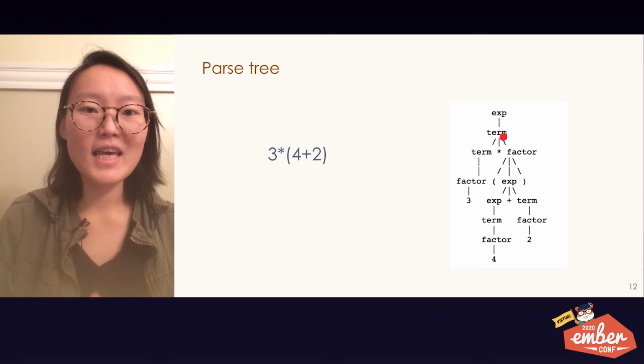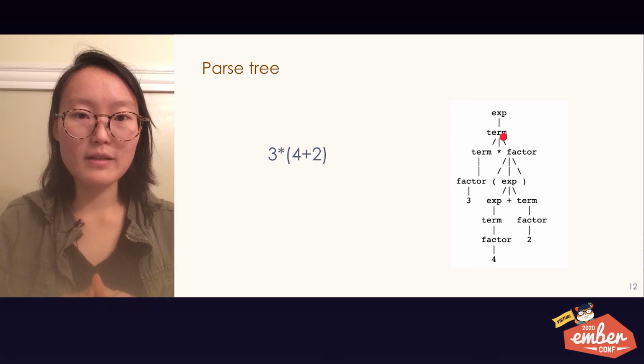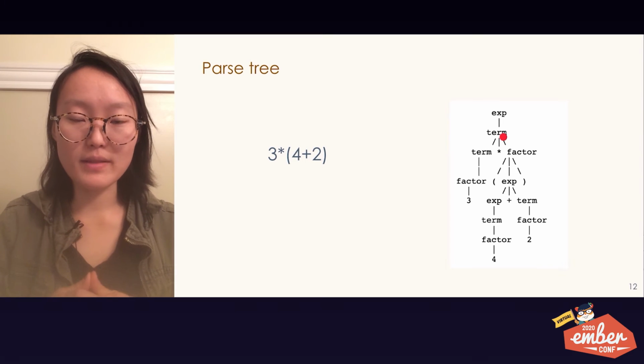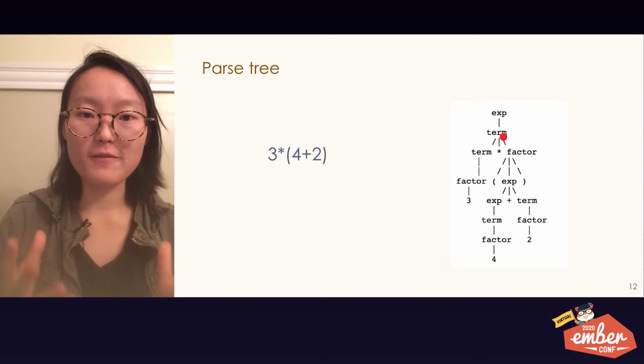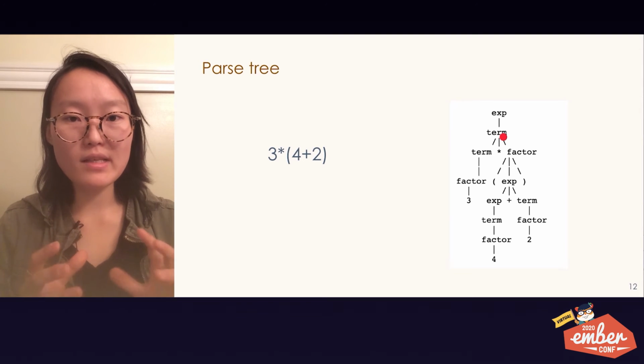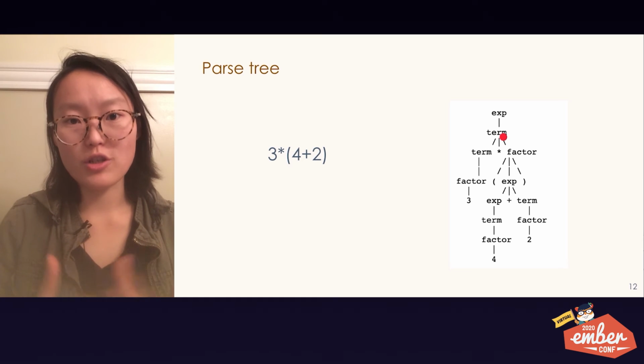And if it's a handlebar template, each of the nodes will be replaced by things like mustache statements, different kinds of statements, or hash values. So basically the different kinds of nodes are determined by the grammatical structure of the language.